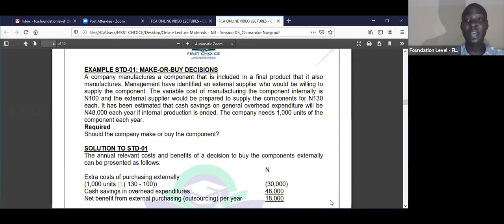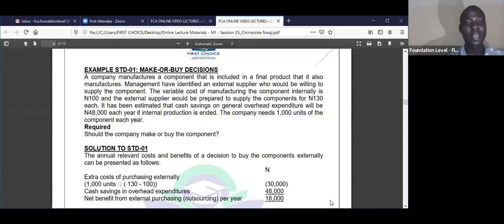But if you go ahead to make it in-house, that 48,000, you will not save it. You will not save it. So the company needs 1,000 units of the component each year. Should the company make or buy the component?